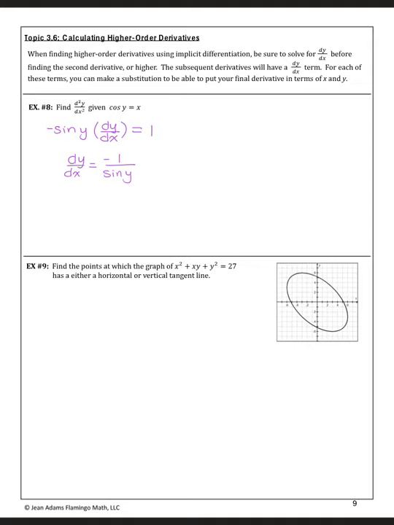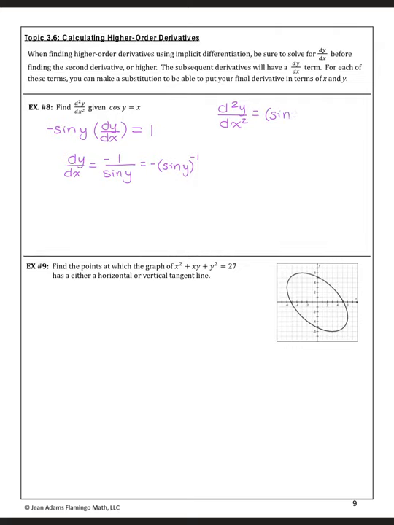To get the second derivative, I do this process again. Now I'm going to write this as negative sine y to the negative first. So if I want the second derivative, I do a chain rule here. I take the -1 and I drop it down in front, which would give me a positive.